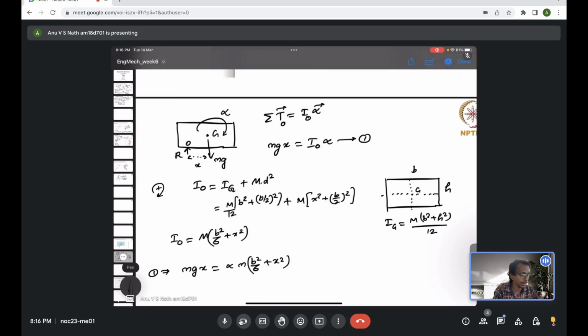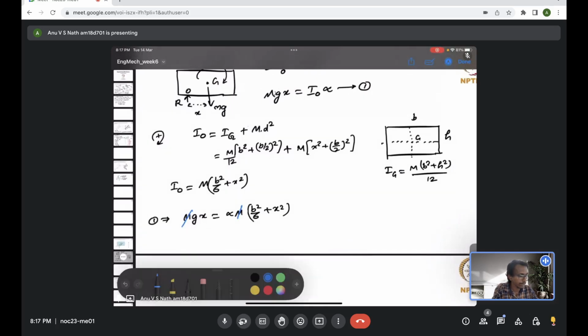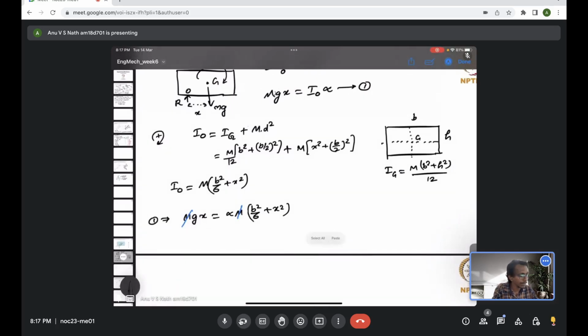Probably I will write the capital M to avoid the confusion. Anyway, the m is getting cancelled, so we really don't need to worry about m. So you can write the angular acceleration to be g x divided by x square plus b square over 6.